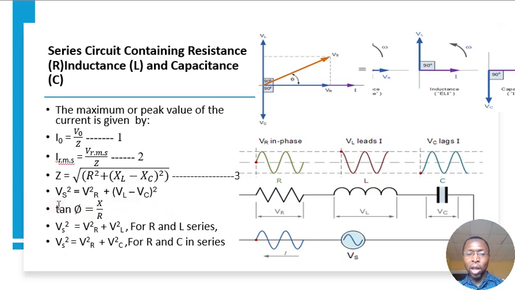Now again, the total voltage by graph is drawn like this. Okay, it's drawn this way. So here you have the inductive voltage, or the voltage of the inductor, pointing upward, while the voltage of the capacitor points downward, and the voltage of the resistor is pointing to the right-hand side.